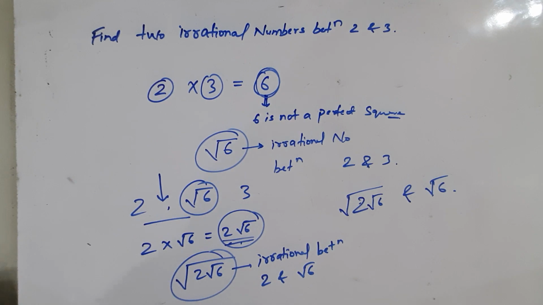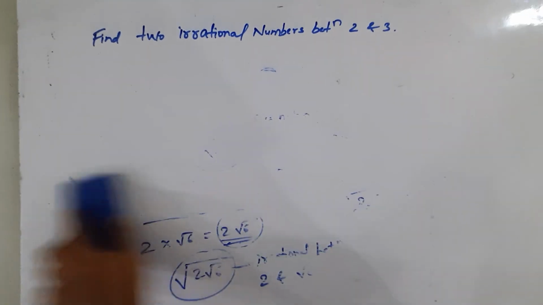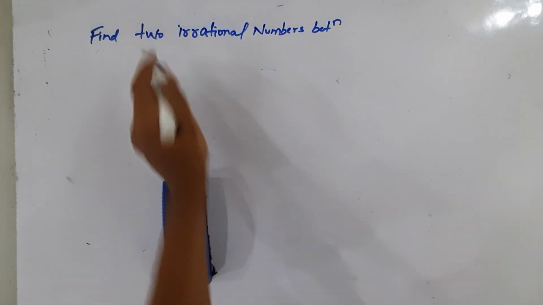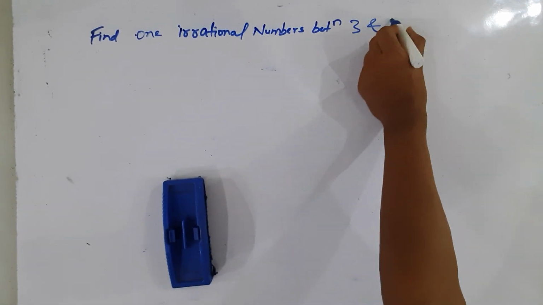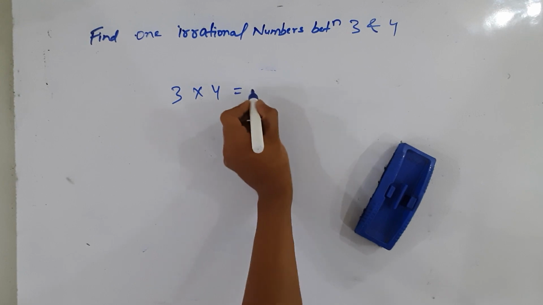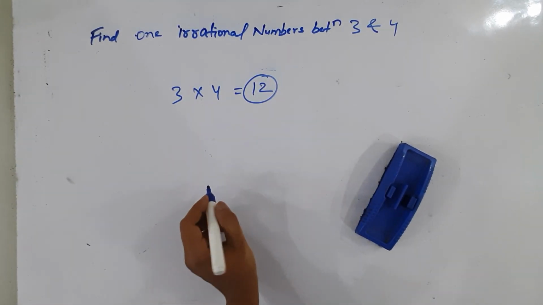Now suppose we have to insert an irrational number between 3 and 4. Here we have to insert one irrational number between 3 and 4. So we will just multiply 3 and 4. We got 12. This 12 is not a perfect square.